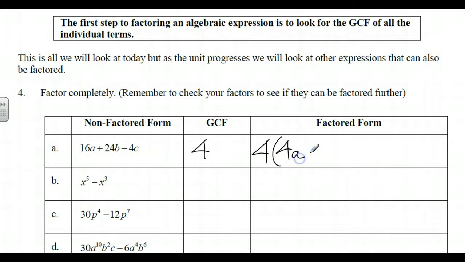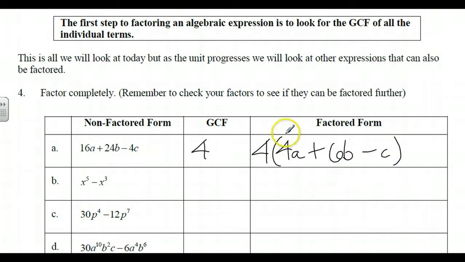So 16 divided by 4 is 4a. Now notice there's no common letter. So that's not part of the greatest common factor. All we have is numbers. Notice there are 3 terms, which means we need 3 terms in the bracket so that they will expand back out. 24 divided by 4 is 6, and 4 divided by 4 is 1.